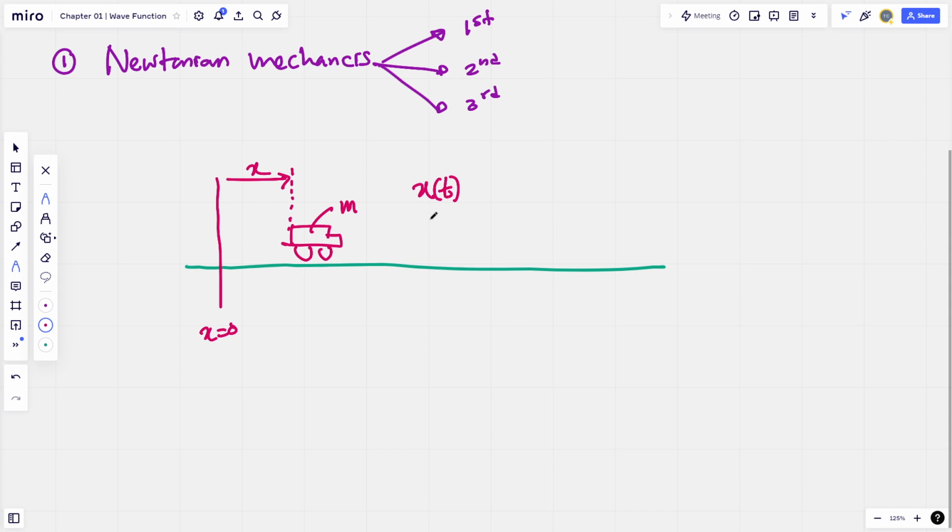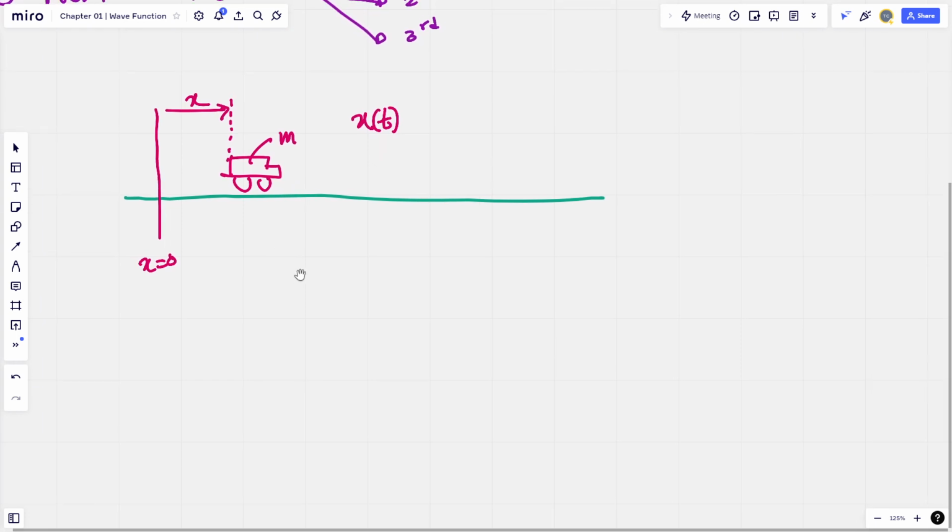It is a function of t, and we need to find that. If we know the position of this object as a function of time, we can deduce other parameters. If we want to find velocity, we know velocity is dx/dt, the rate of change of the position.